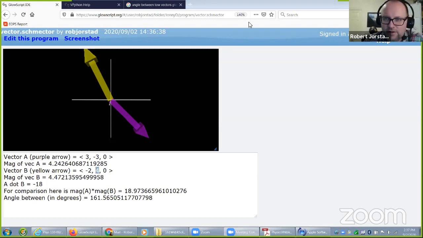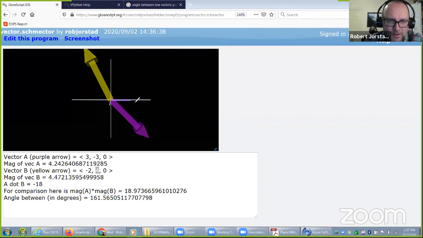So if we could try and draw this, this is the purple arrow. So that is, what is that? 3 in the I hat. That's this one. And then we have -3. So there's 3 downwards, and you can see it looks like a 45 degree. And I'm not going to write the -3 because I already did write the negative with that arrowhead. That arrowhead says the negative.